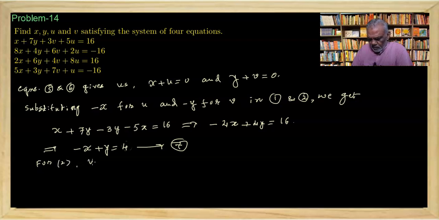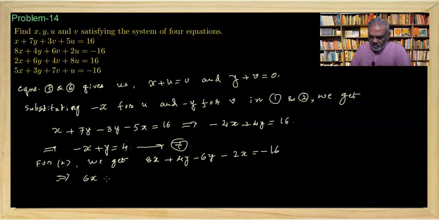We get 8x plus 4y minus 6y minus 2x is equal to minus 16, and this implies 8x minus 2x, that is 6x, minus 2y equal to minus 16.